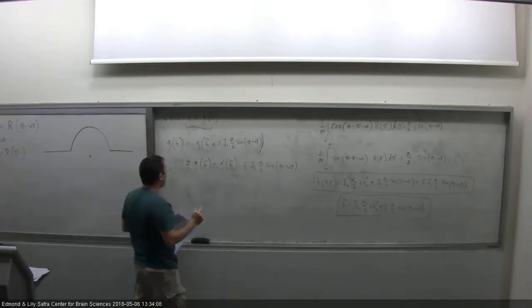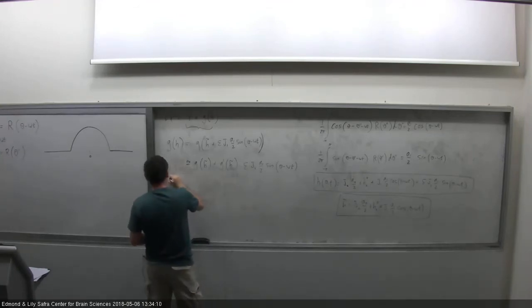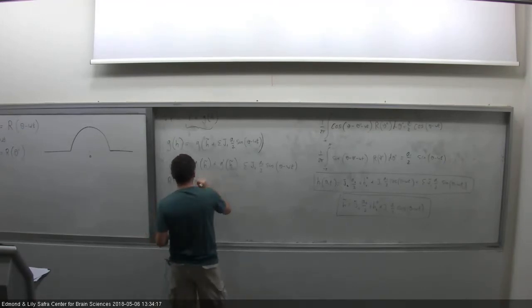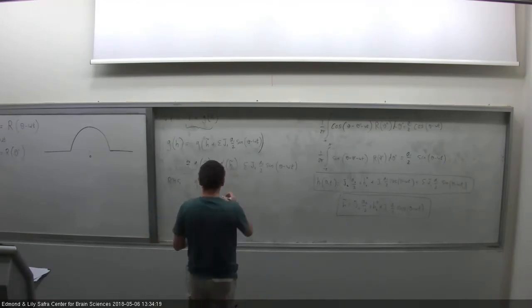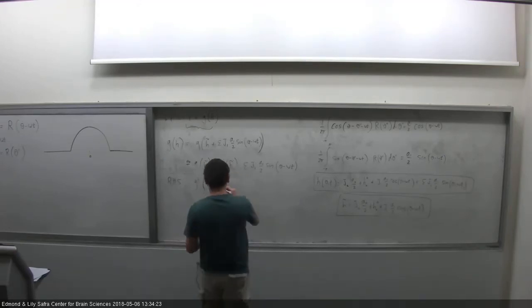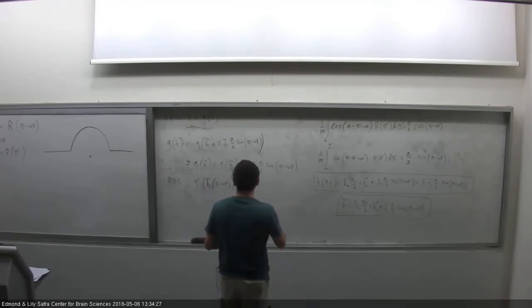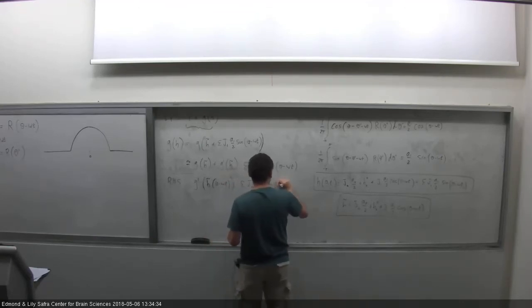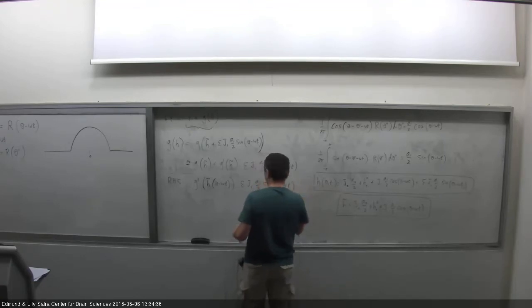So the right-hand side of the equation will be equal to G prime of H tilde of theta minus wt times epsilon J1 A1 over 2 sine of theta minus wt.